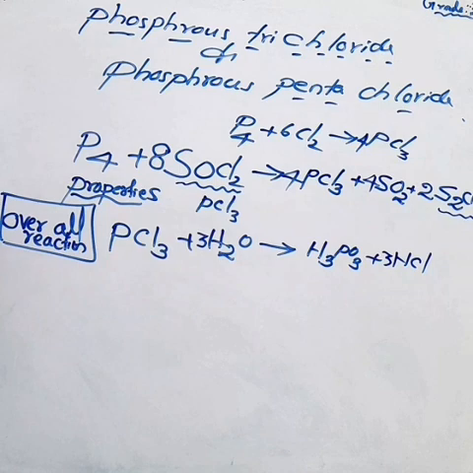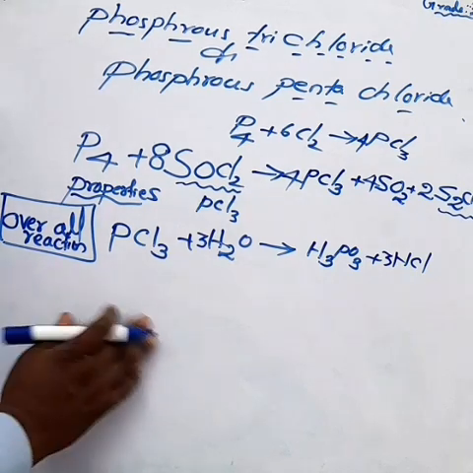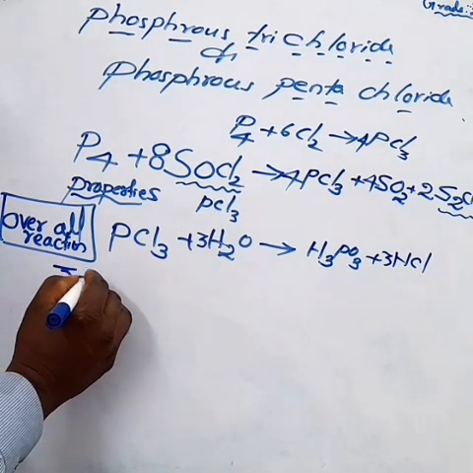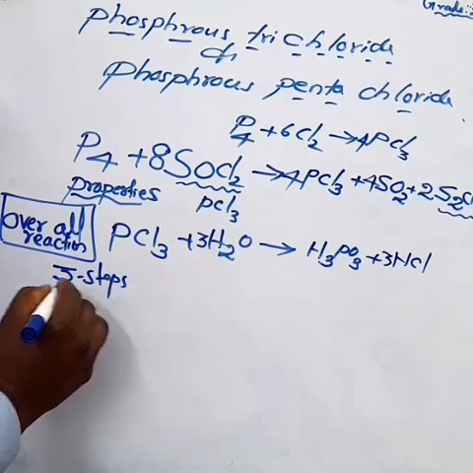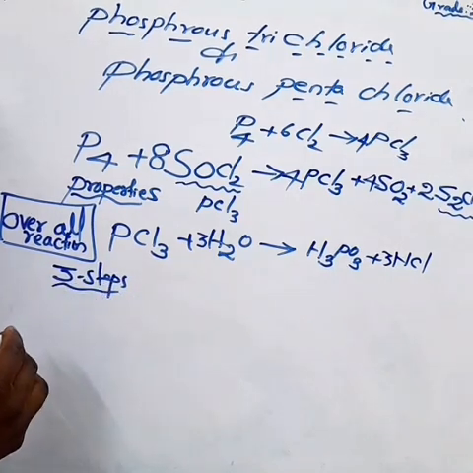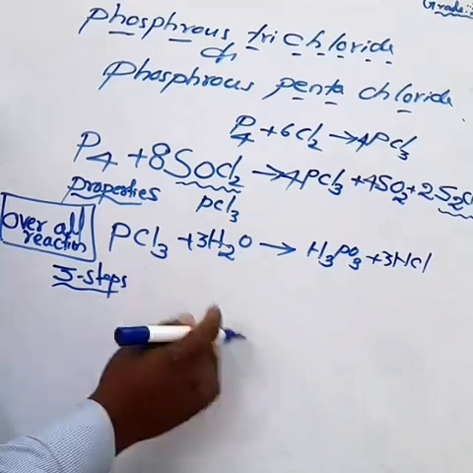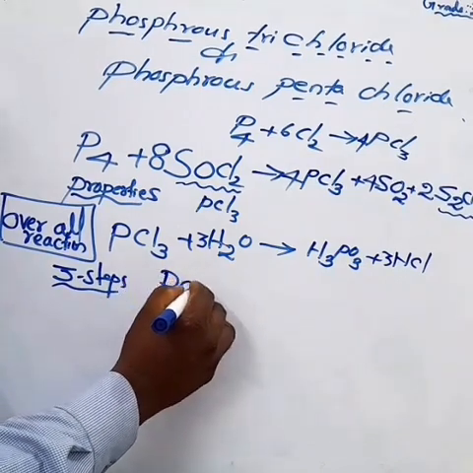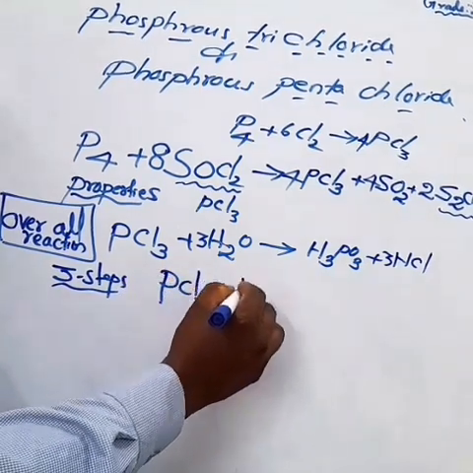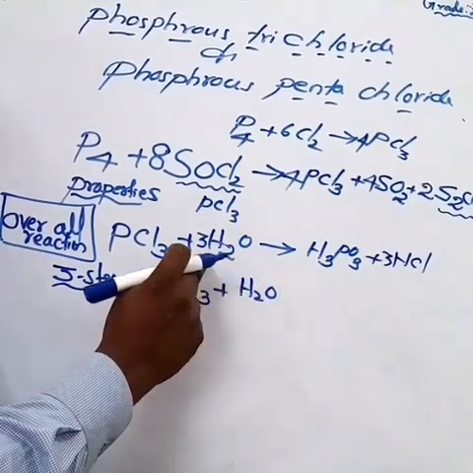Next, we have to write how the reaction is going on, because this reaction has 3 steps. First, the phosphorus trichloride reacts with one water molecule.